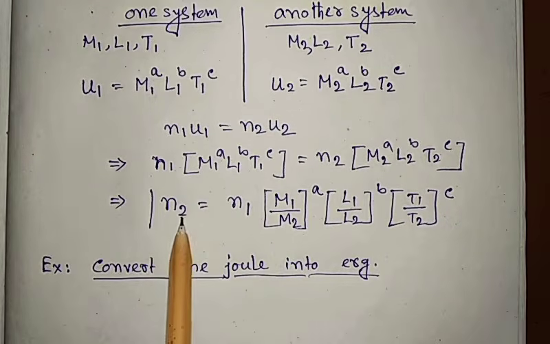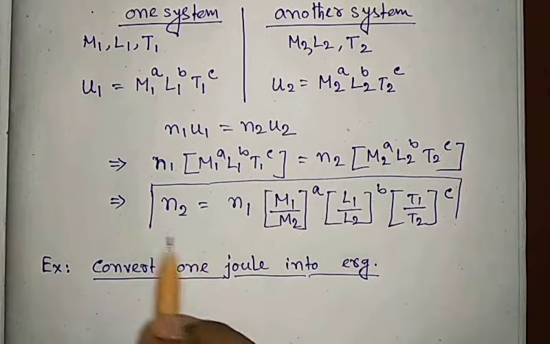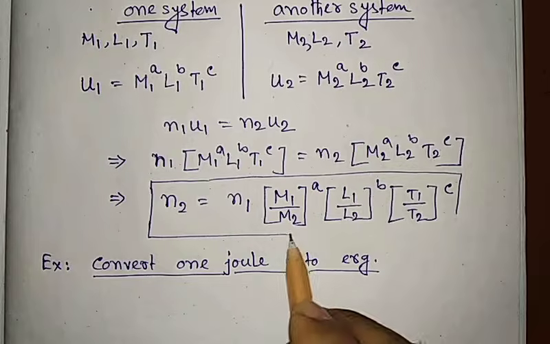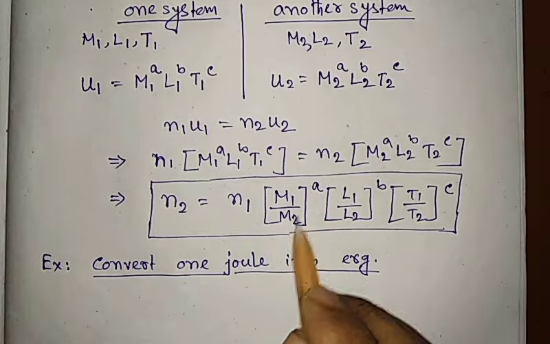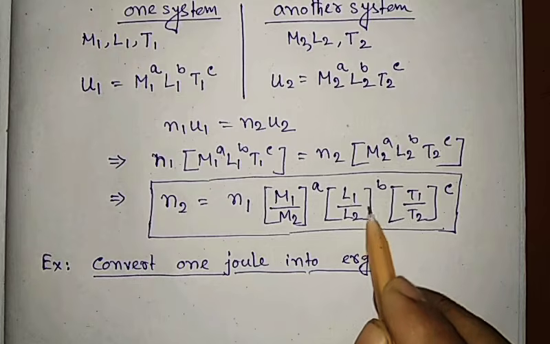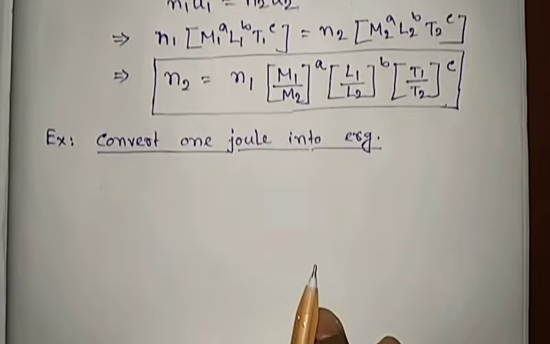Now we have to find N2. So this is our required formula: N2 is equal to N1 (M1 by M2) to the power A, (L1 by L2) to the power B, (T1 by T2) to the power C.